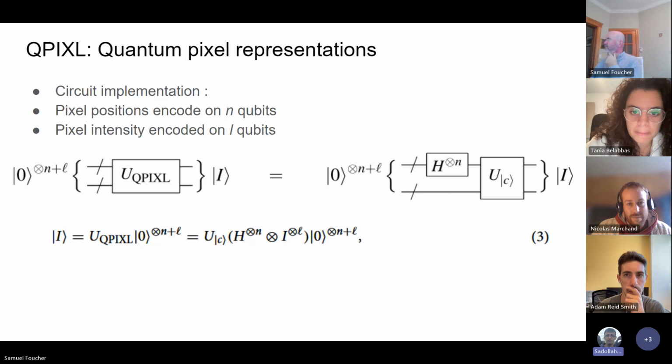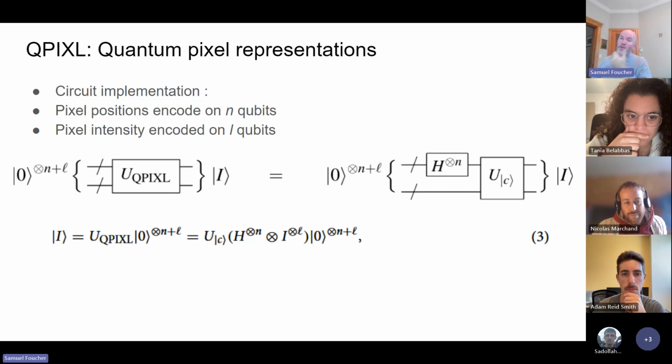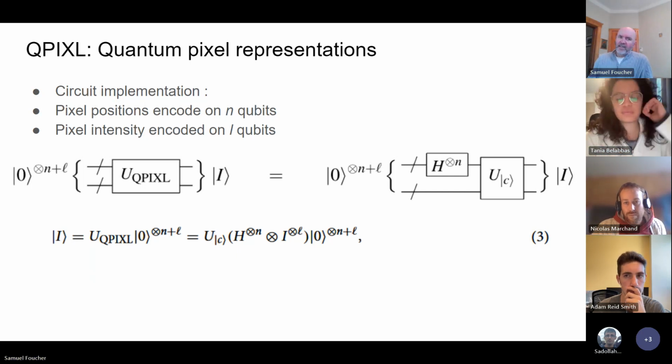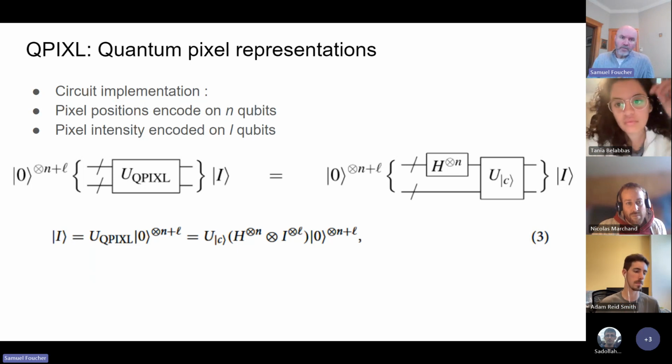I have a question. L here, this intensity qubit, is the same as the color qubit, yeah? Yeah, exactly. So that's a color, but not really, because we have one channel here. When it's one channel, we are talking about grayscale images, so basically black and white images. Each pixel has a value between 0 and 255 in that case.